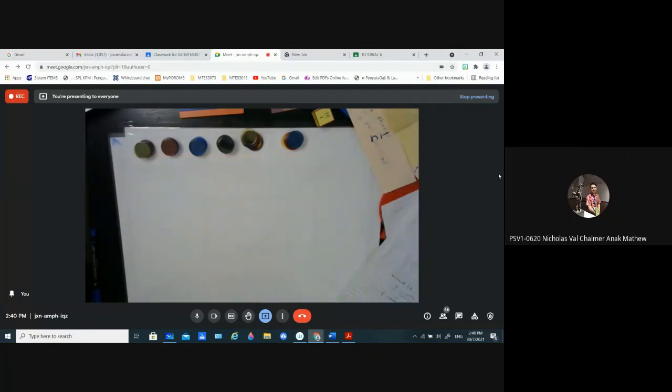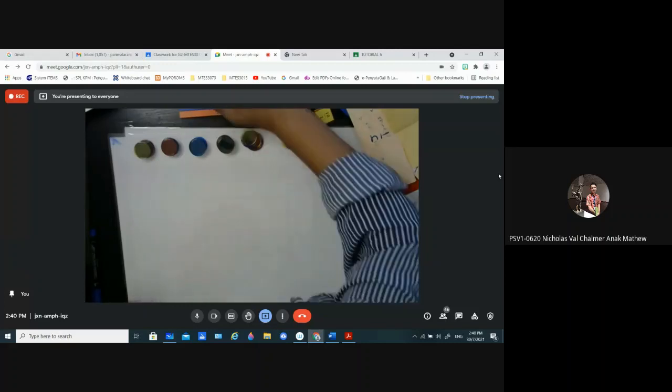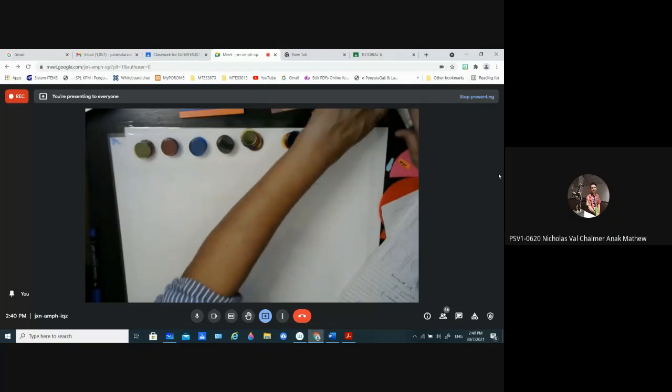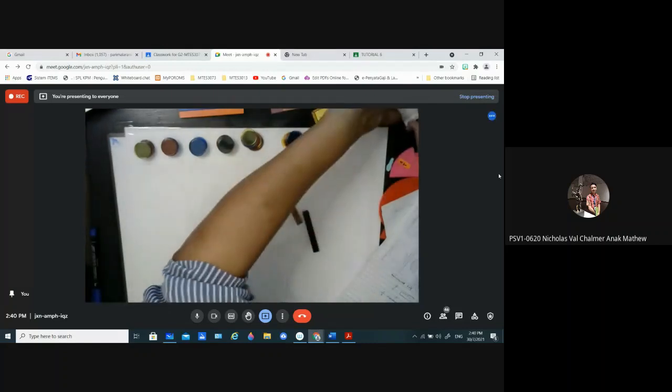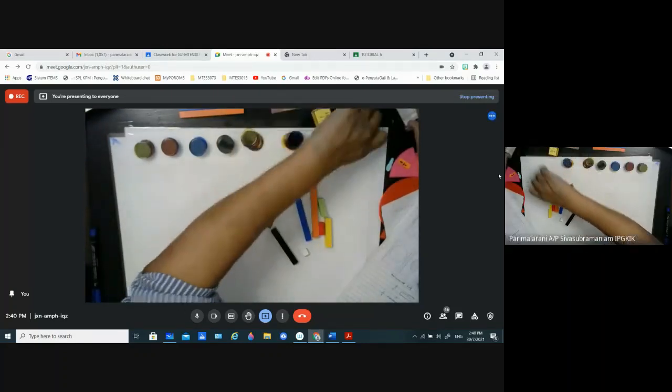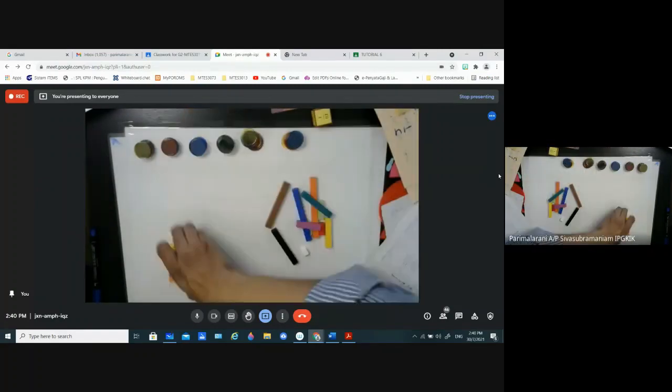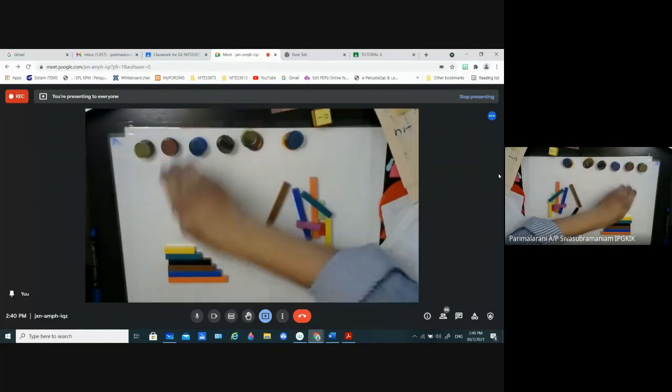Okay, so we are going to use other things to represent fractions. Say we want to use this. Do you know what these are called? I have 2 sets here.